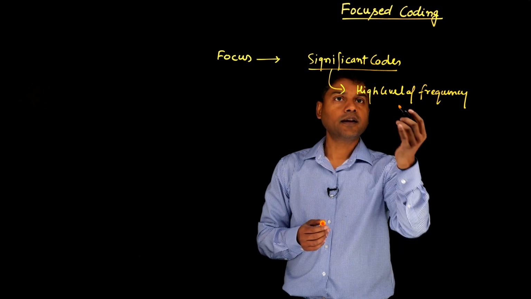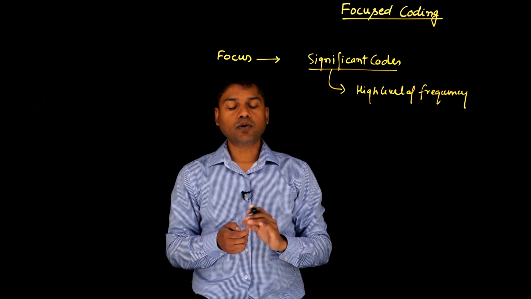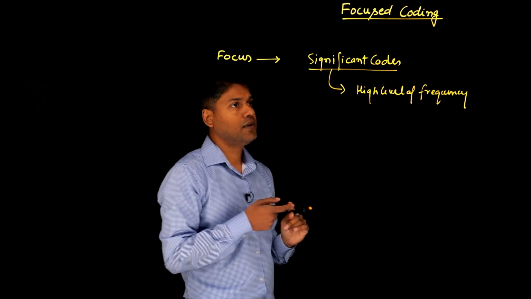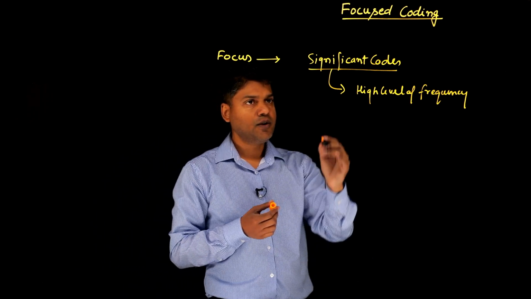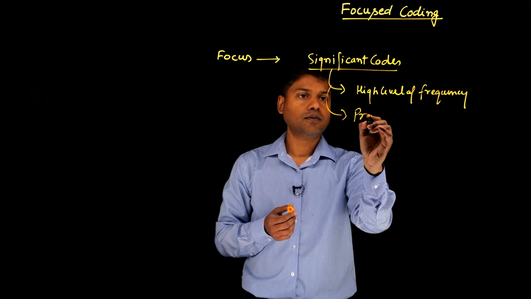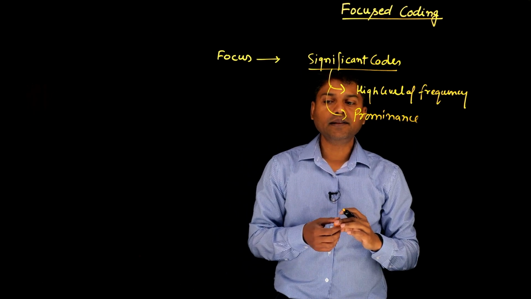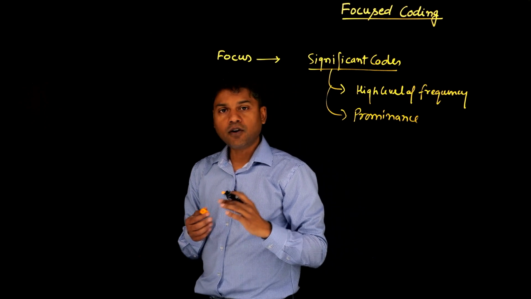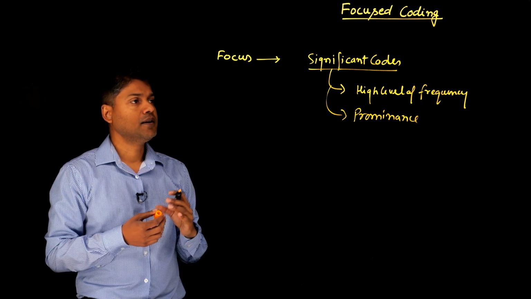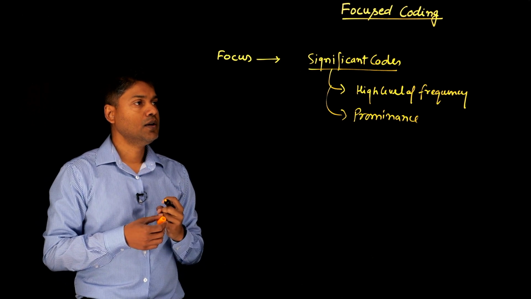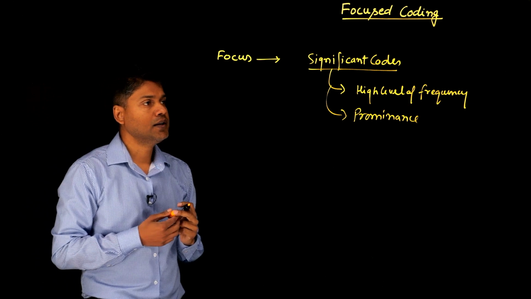So we call it a high level of frequency of that particular code. The codes we call significant because they have a high level of frequency in the data. They are very prominent also. Prominence meaning that they are often referred to, and they seem to have some important role in understanding the phenomenon that we are investigating.